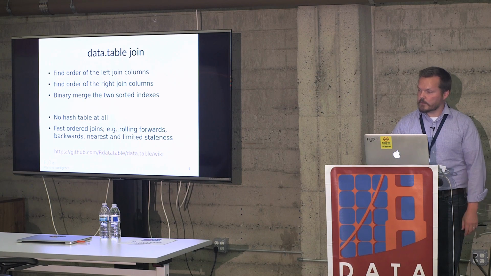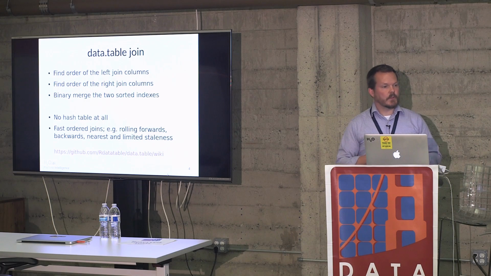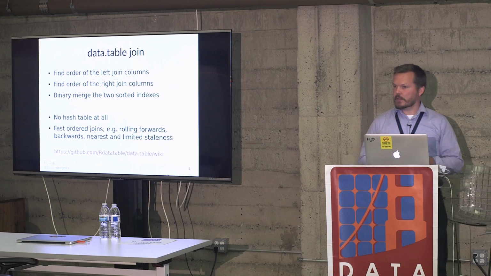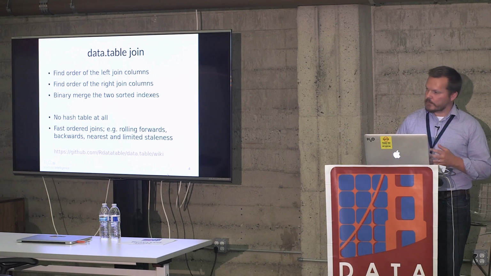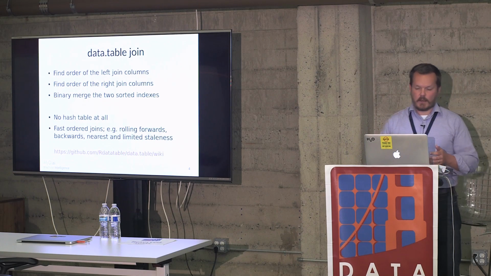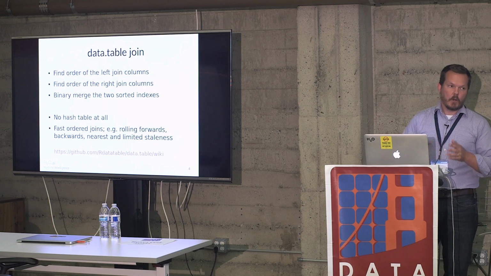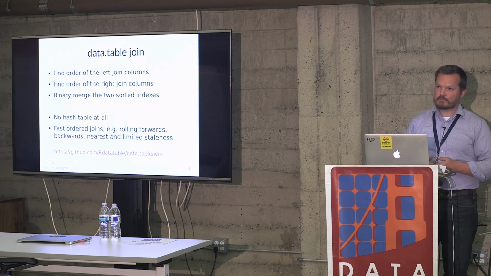And we can roll forwards, backwards to the nearest observation, and we can limit staleness. So say you've got some time series, irregular data, tick data, Internet of Things device data, and you want to say what was the temperature of the brakes of a particular car at 3 o'clock this afternoon, or the nearest observation to 3 o'clock, because there was no observation at 3 o'clock.